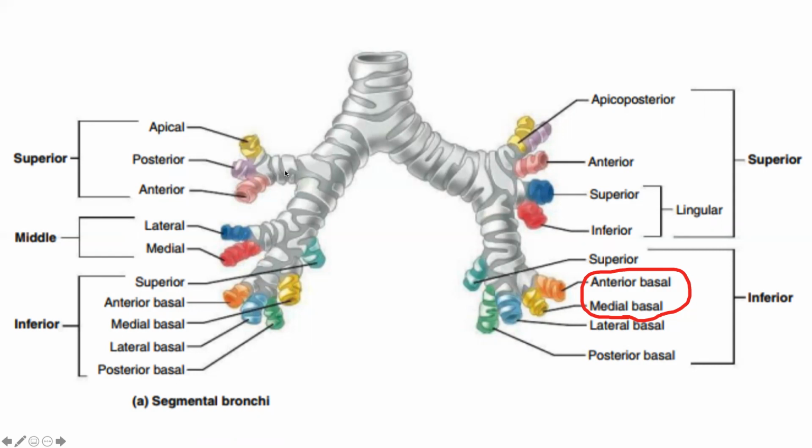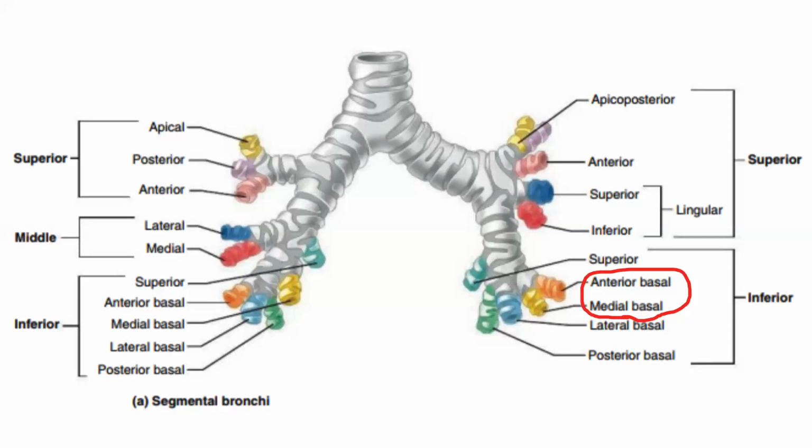These divisions after the primary bronchus, let's call them secondary bronchi: a secondary bronchus to the superior lobe, a secondary bronchus to the middle lobe, and a secondary bronchus to the inferior lobe. And once it gets into the superior lobe, there are 3 segments in the superior lobe.